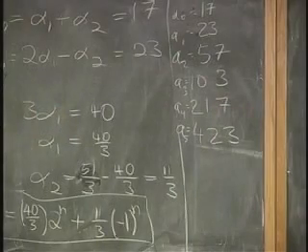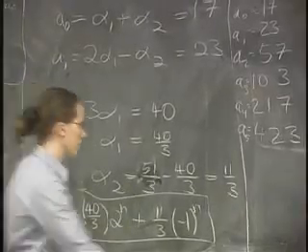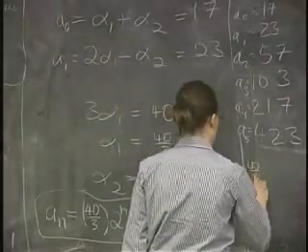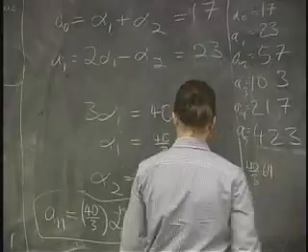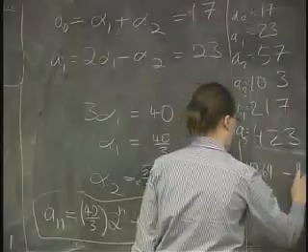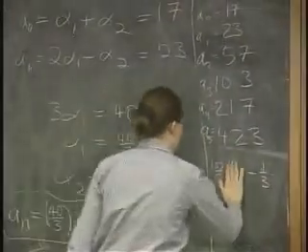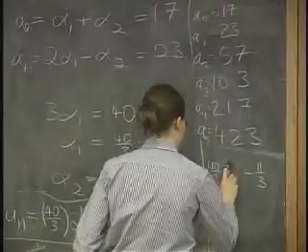And over here I claim that it's 40 thirds times 2 to the 5th. So 40 over 3 times 64. And then minus 11 thirds. 2 to the 5th is 32. Oh, good, because that was going to be a really big number.